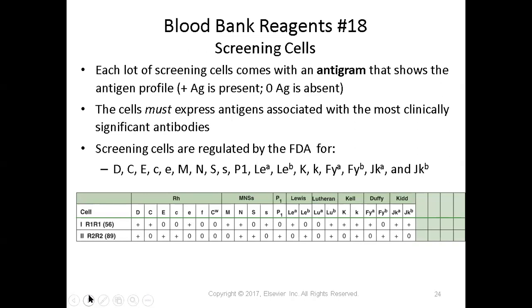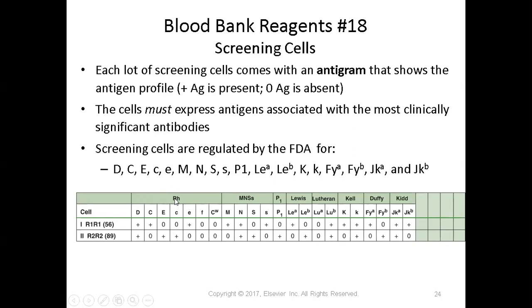So moving on, some other information about our screening cells. Each lot of screening cells comes from the manufacturer with something called an antigram. The antigram shows us which antigens are present or not present on that vial of cells. This is a picture from our textbook of an antigram.